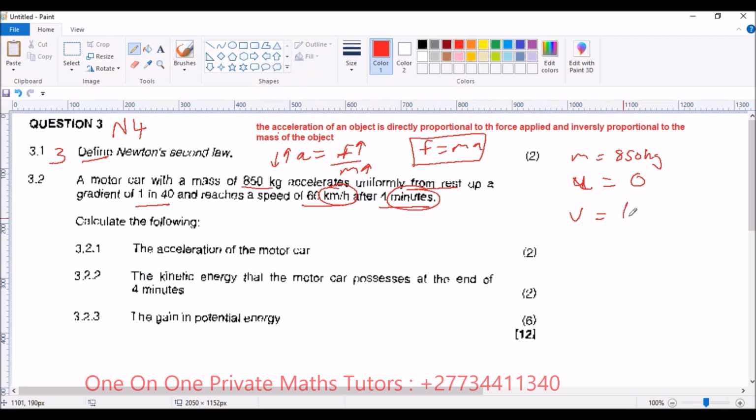We say 60 kilometers means 1,000, isn't it? 1,000 over 1 hour, which is 3,600 seconds. So this should give us 16.67 meters per second. Because we have to convert to standard units.